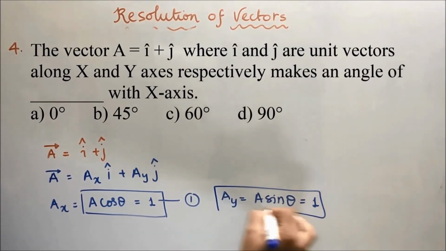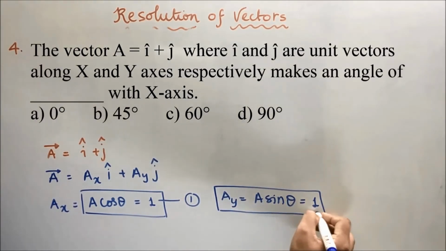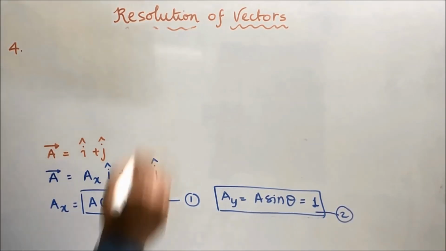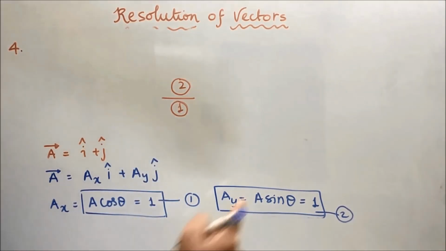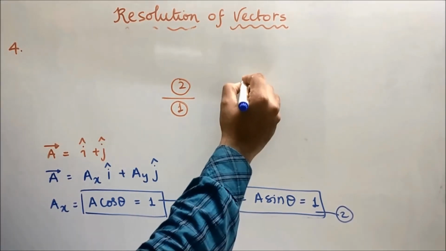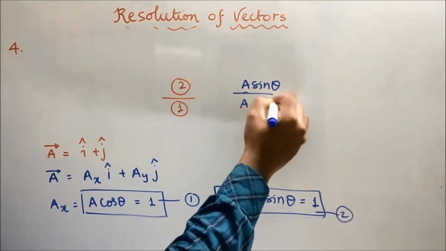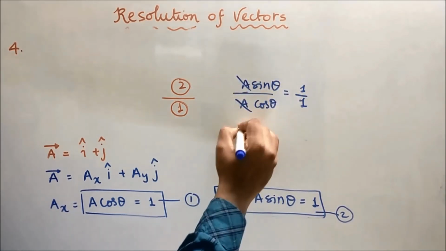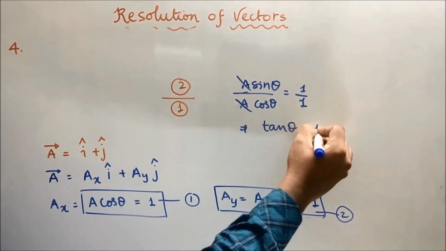Write it as equation number 2. So what shall we do? Let us divide equation 2 with 1. So left hand sides first. A sin theta divided by A cos theta. Now right hand sides. So A gets cancelled out. Sin theta by cos theta. Tan theta is equal to 1.